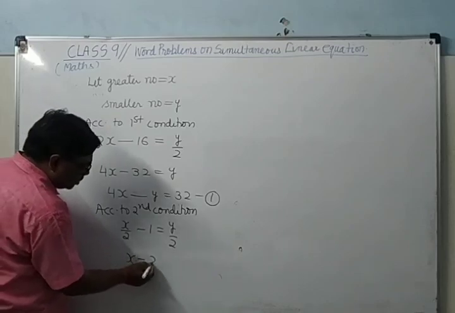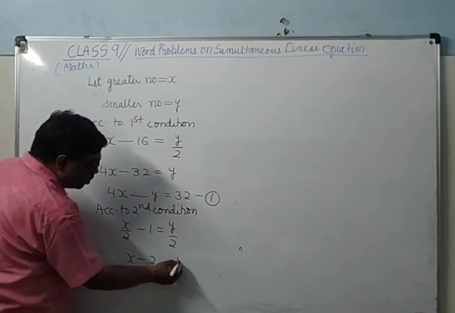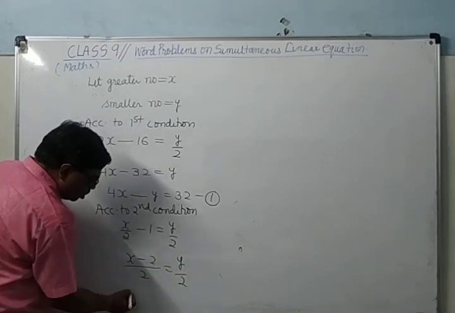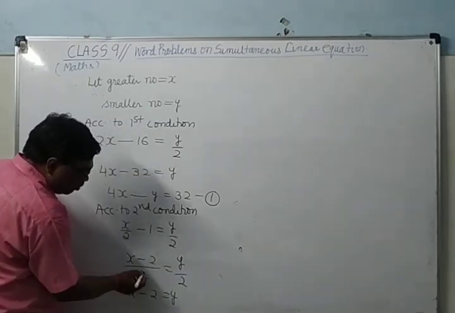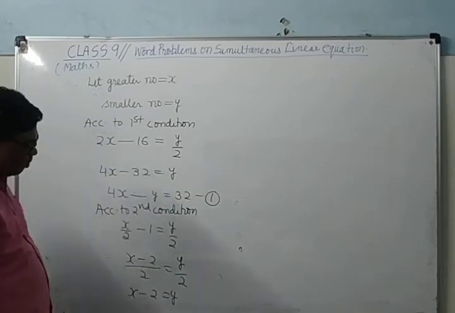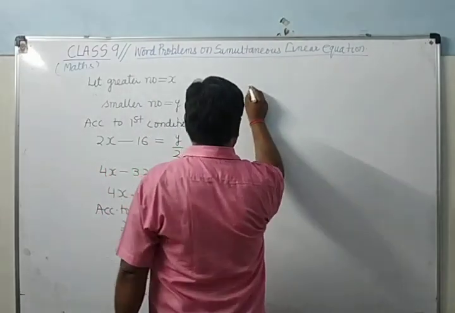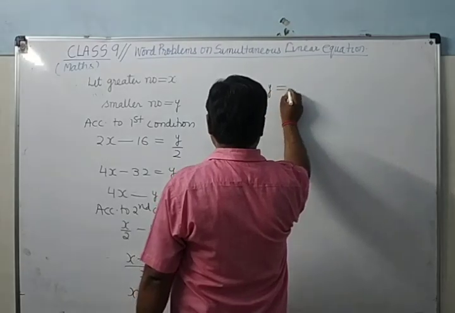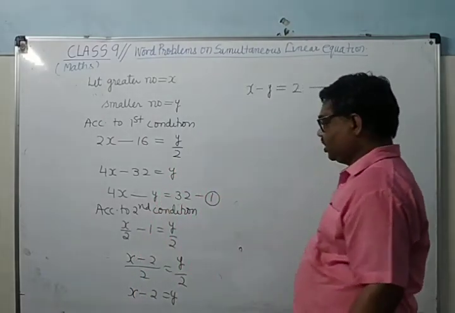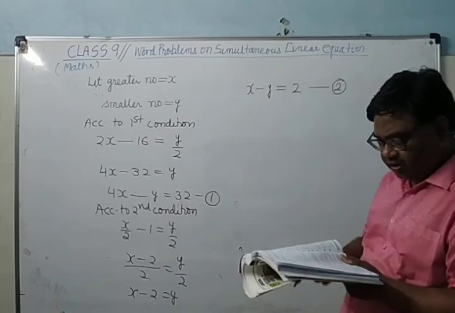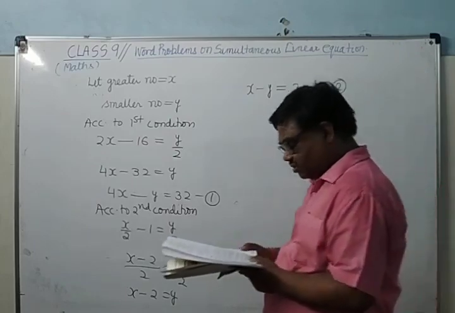When you take LCM, X minus 2 upon 2 equals Y upon 2. So X minus 2 equals Y. 2 and 2 will be cancelled, both are in denominator. So from here you will get X minus Y equals 2. This is the second equation. Now after that you solve, so you will get the answer.